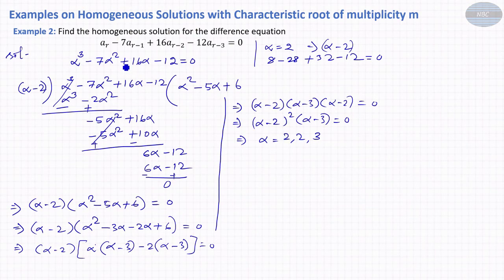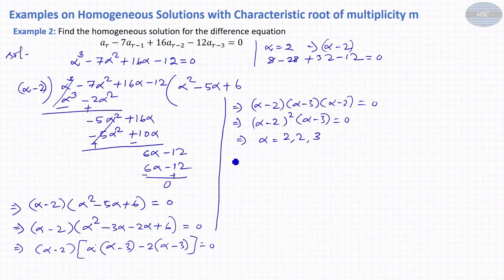where this root 2 is of multiplicity 2. This 2 is the root of multiplicity 2, because this 2 is repeated twice. And this 3 is a distinct, unique root of this characteristic equation.